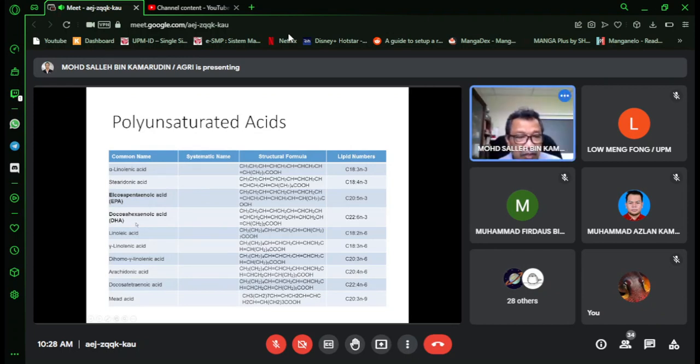Kalau banyak minyak or your food contain a lot of EPA, that is 20:5 n-3, and docosahexaenoic acid, DHA, 22:6 n-3. These two are very important for human heart. And the reason is because dia tak clot. Dia tak cair dalam darah.